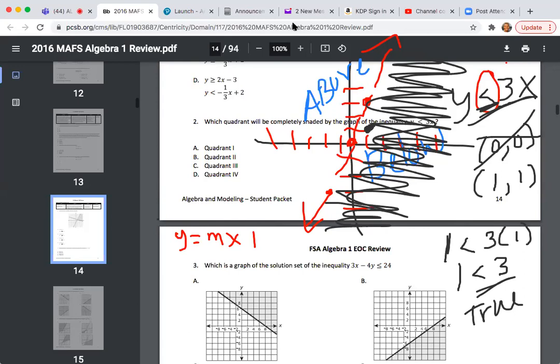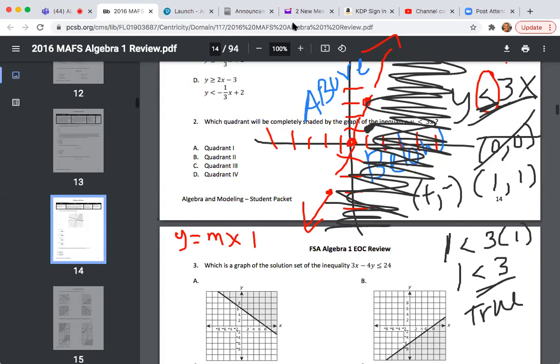However, you still need to know what's going on because there are points in the first quadrant too that will make it true. So when they say which quadrant is going to be completely filled in, that means that every single point, whatever point you select in the fourth quadrant, will always make the inequality true. So on this one right here, listen, in the fourth quadrant, the x value is positive, the y value is negative.